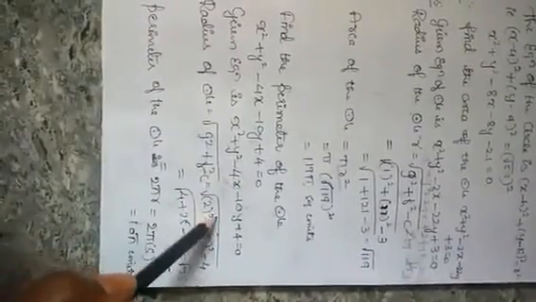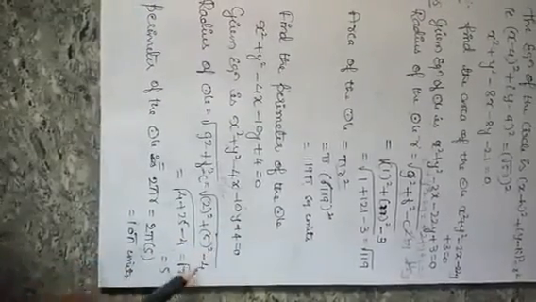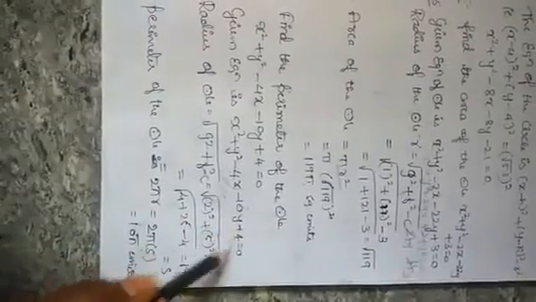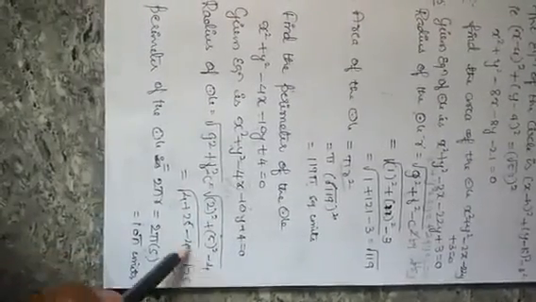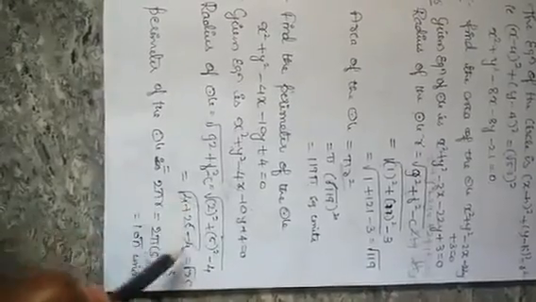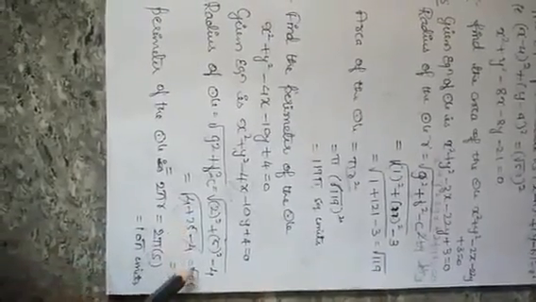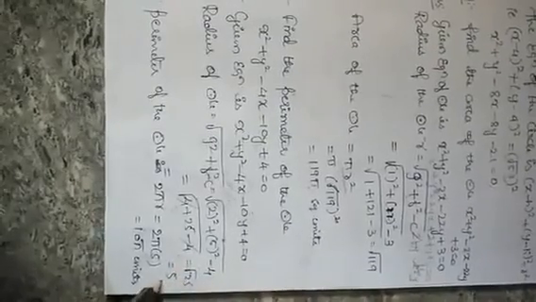So 2 square, this becomes 5 square minus 4c, the constant c. Then 4 square plus 25 minus 4. The 4 and minus 4 cancel. Finally, we get root 25. This root 25 can be written as 5.